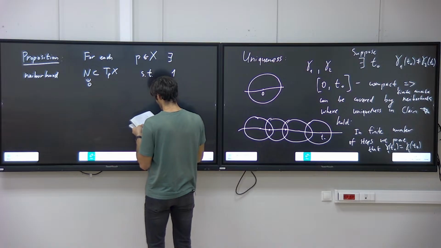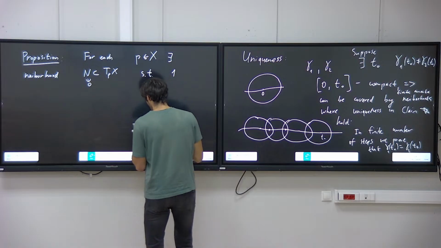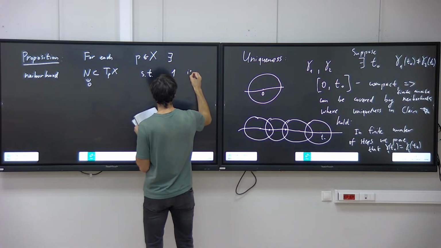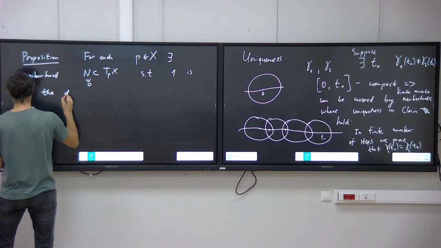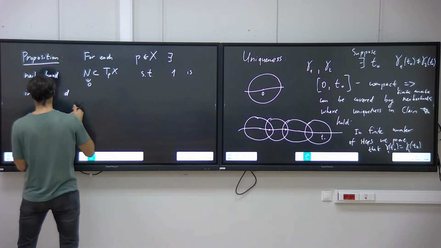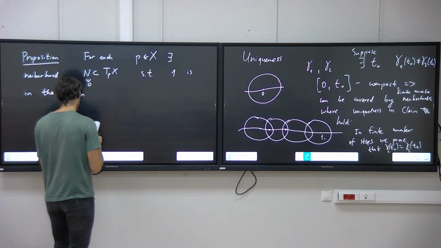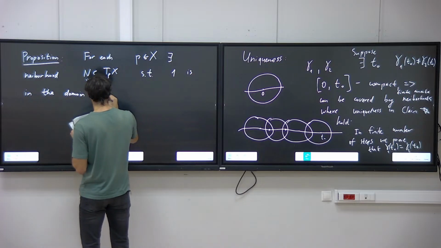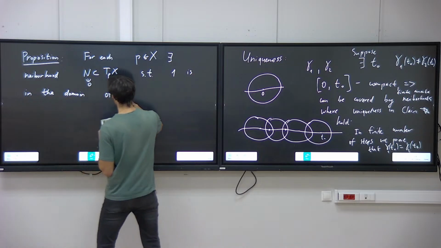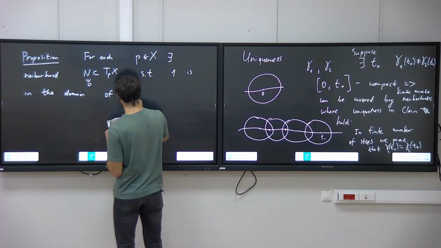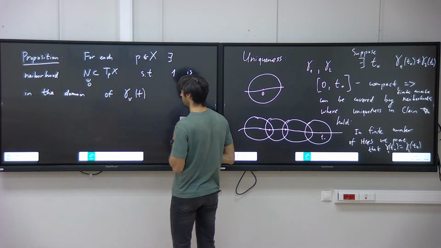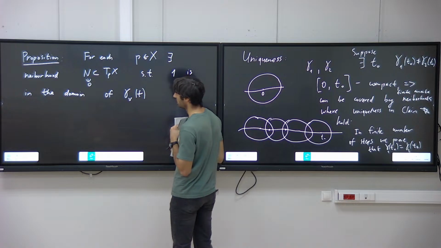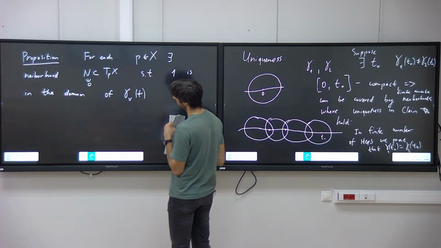1 is in the domain of gamma_v(t). Well, this is some notation that I don't want to put into the proposition.